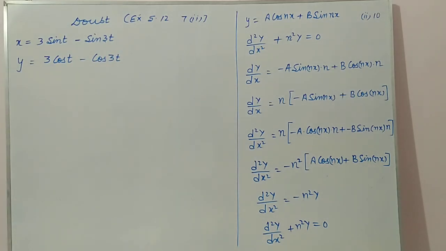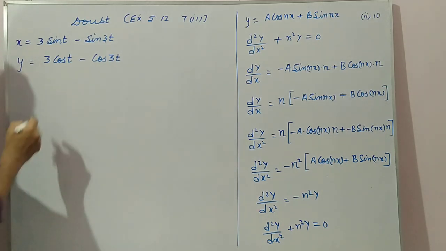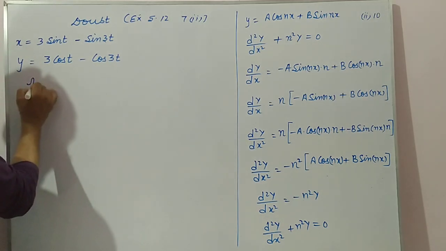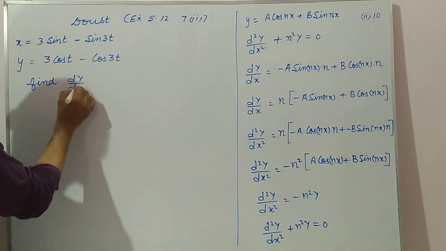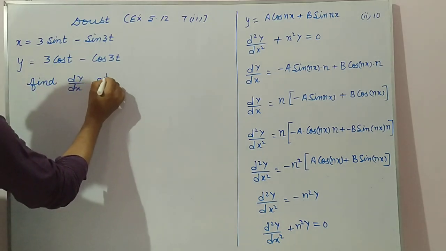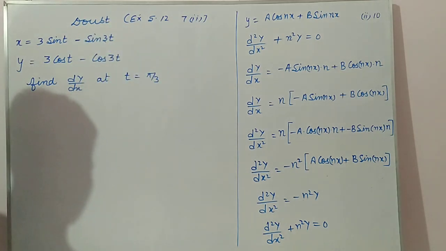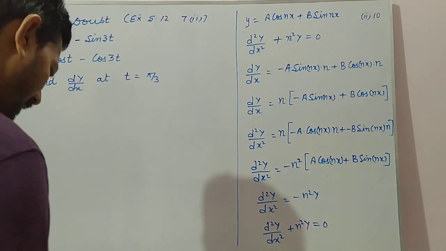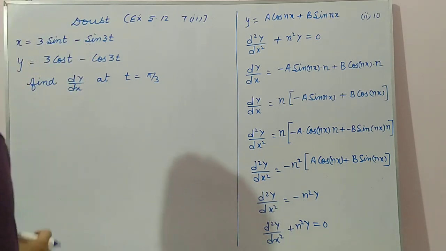Find dy by dx at t equal to pi by 3. Okay, so this is our required question.